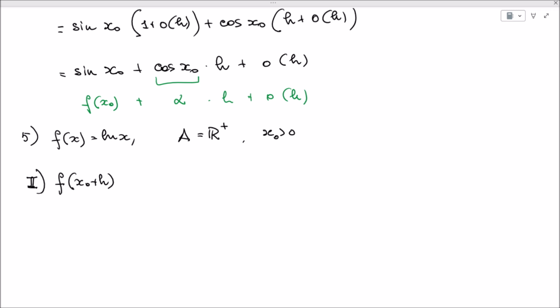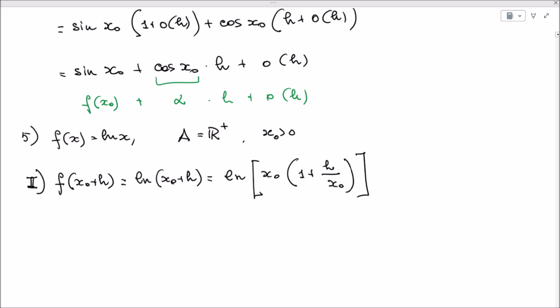So f of x naught plus h is the logarithm of x naught plus h, which we can rewrite as the logarithm of, factoring out x naught, x naught times 1 plus h divided by x naught. And remember that h is very small.